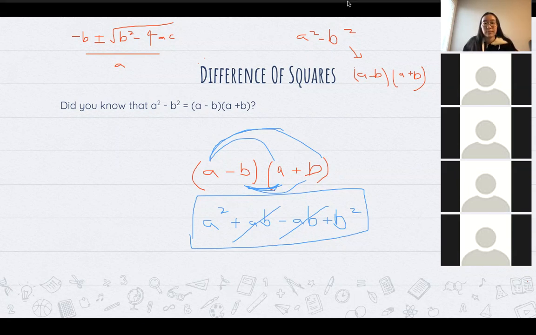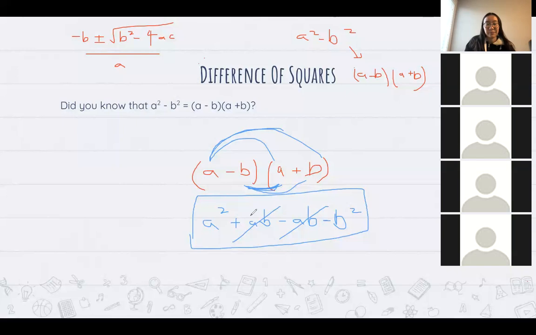I do. But it says that a squared minus b squared technically equals a squared plus b squared. Oh, oops. Something minus something equals something plus something. Sorry, I messed this up. So remember when we multiplied negative b times positive b, that actually equals negative b squared.